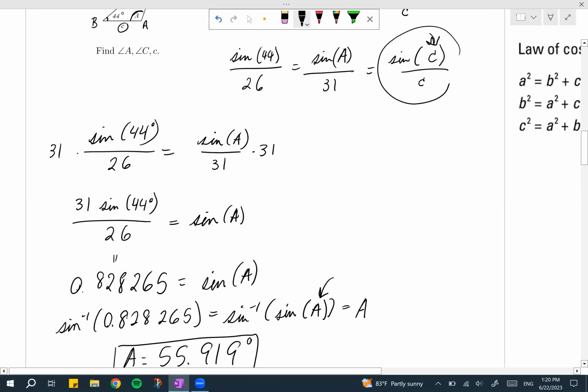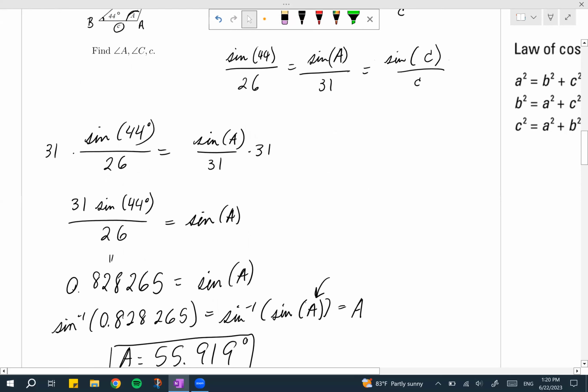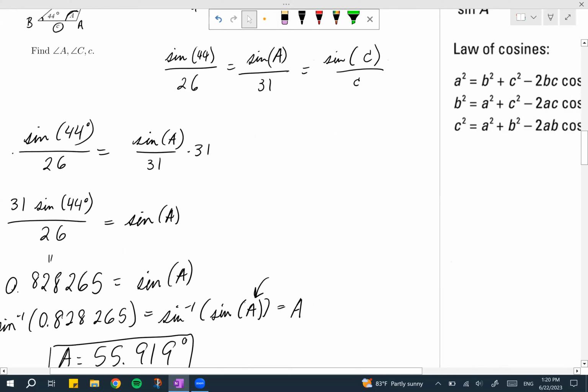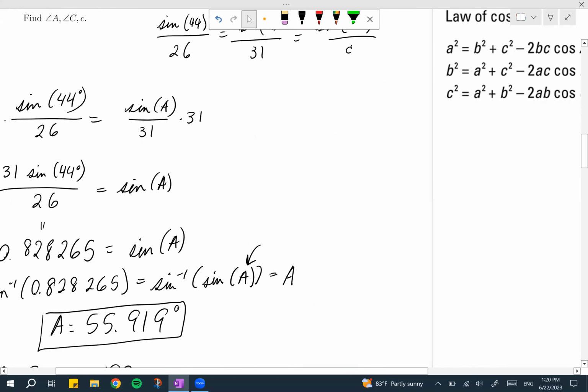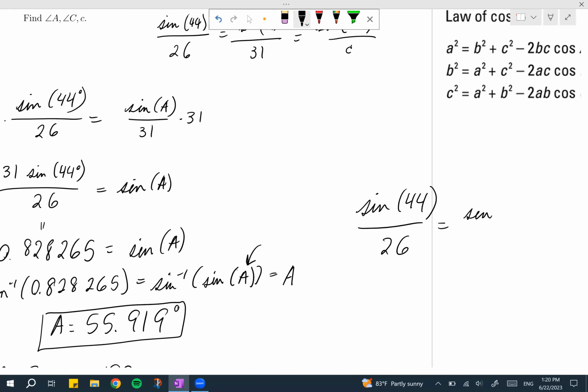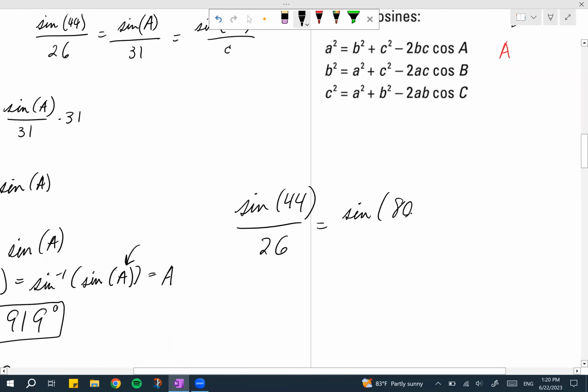So now I have big A and big C, so I can find little c by using this last part right here. I'm going to scoop my page over just a little bit. Sine of 44 over 26 is equal to sine, we just found our big C was 80.08097, over little c.